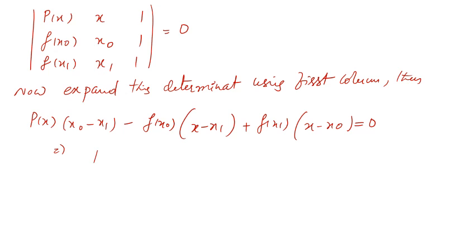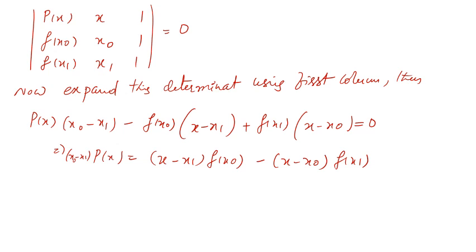From this, what I'm getting: P of x equals x minus x1 into f of x0, right, minus x minus x0 into f of x1, right? Okay, this is multiplied by x0 minus x1.